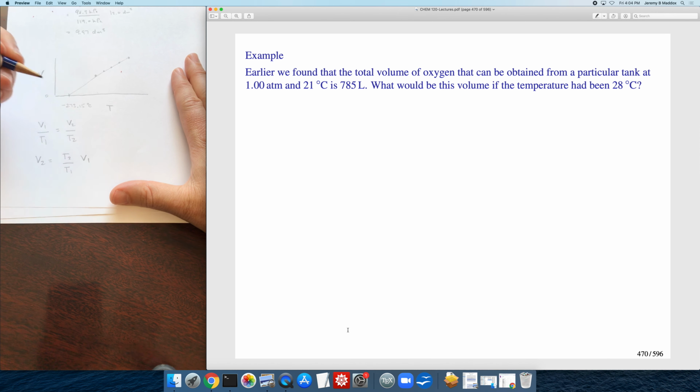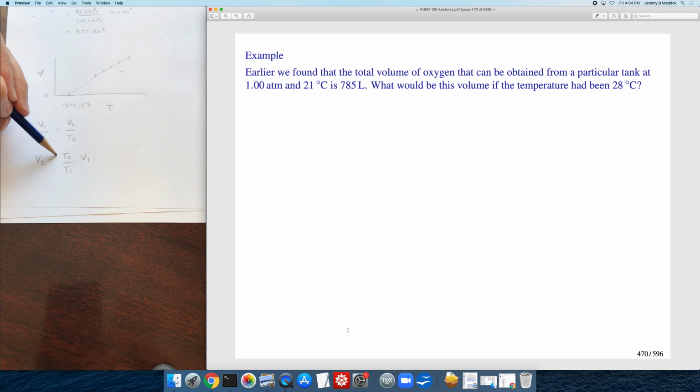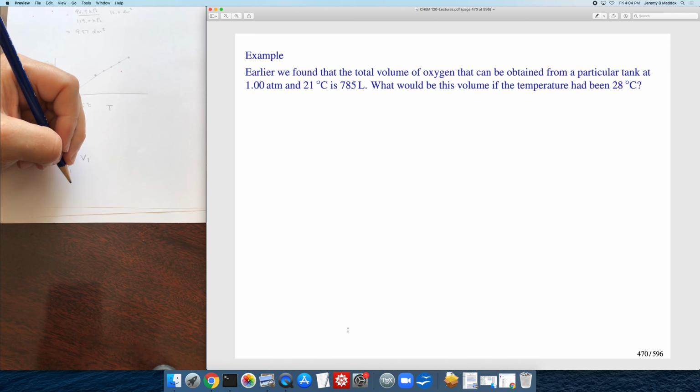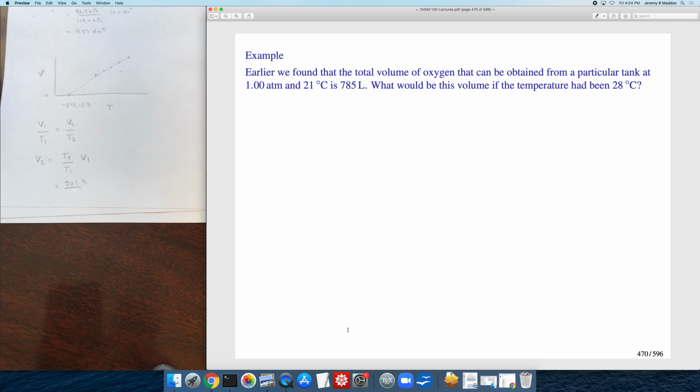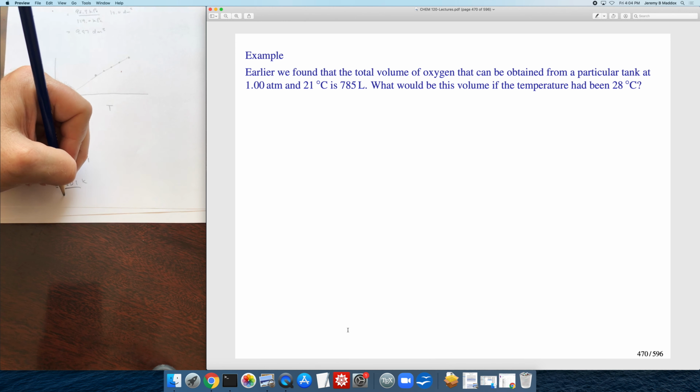Just doing the algebra like this. Now before we rush to putting in numbers, we need to convert these temperatures to Kelvin. So the final temperature of 28 degrees, we need to add 273. So that's going to be 301 in the denominator. And T1, which is 21 degrees Celsius, we need to add 273, 294 Kelvin.